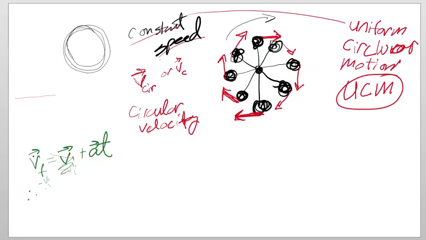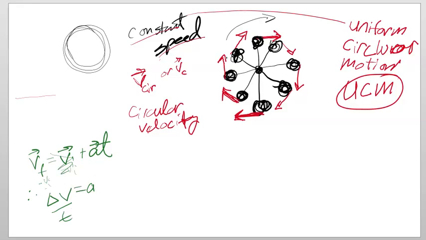That gives you change in velocity equals acceleration times time, divide by time. So, hey, look at that. That means acceleration equals change in velocity over change in time. It's technically a time interval. More on that in a second.